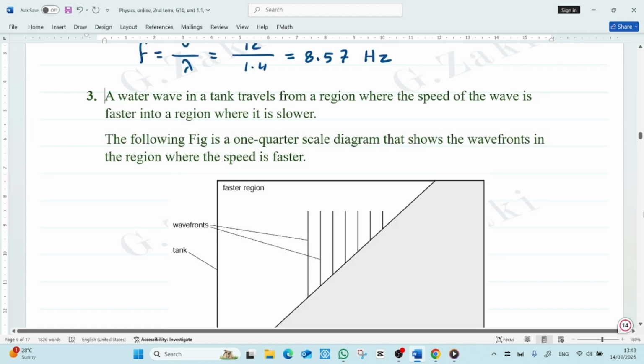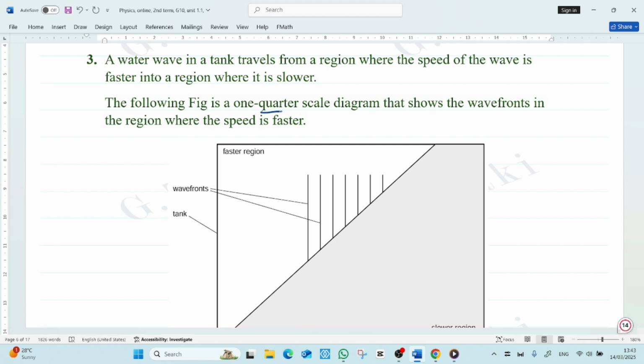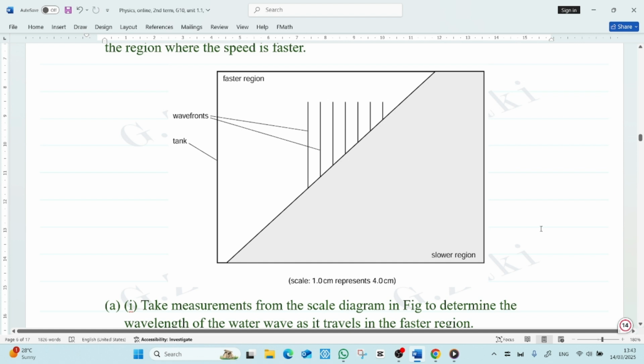A water wave in a tank travels from a region where the speed of the wave is faster, it's deep water, into a region where it is slower. The following figure is 1/4 scale, so take care with this word. It's a 1/4 scale diagram that shows the wave fronts in the region where the speed is faster. Look at this.